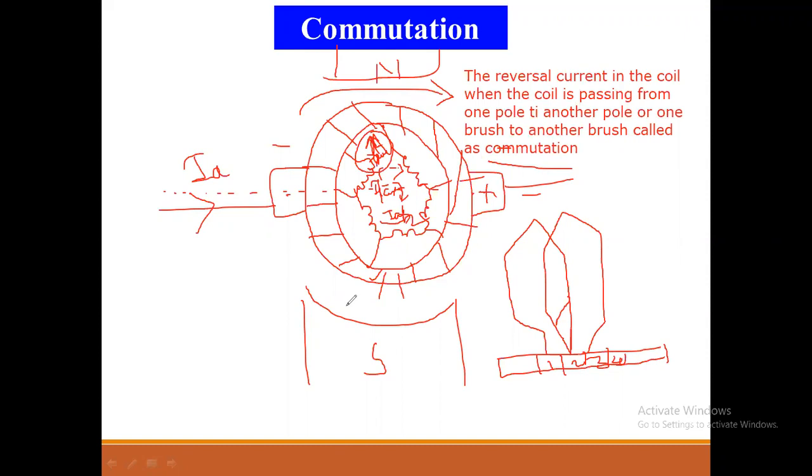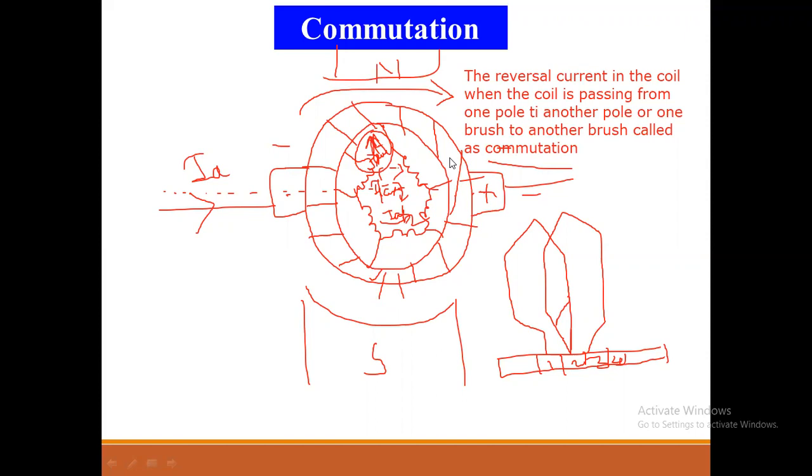Okay, now how the process happens, we will discuss that. It is a very important and interesting point, how commutation happens. See, for that we will discuss by considering any two commutator segments. That means for our understanding we will consider one commutator in the simplest form.